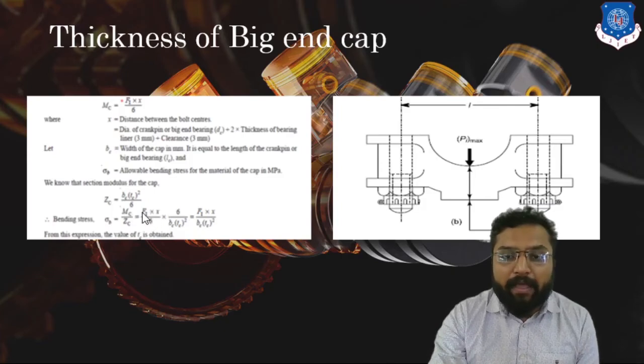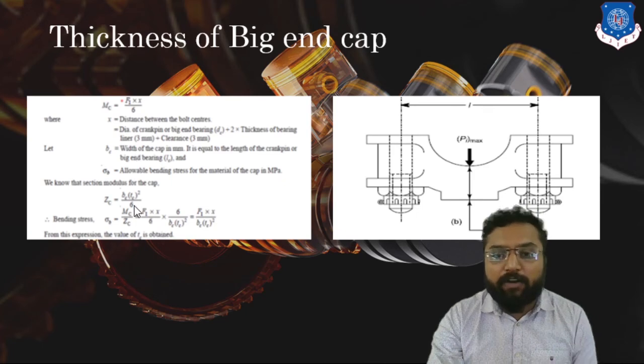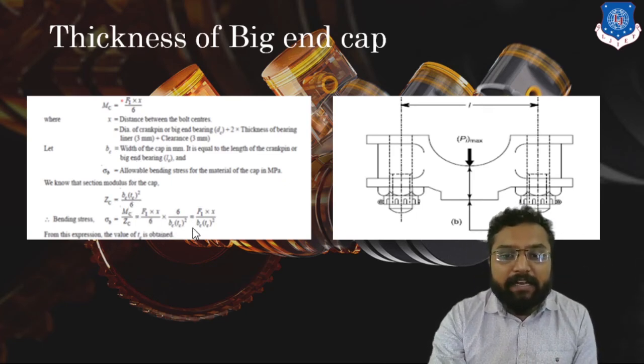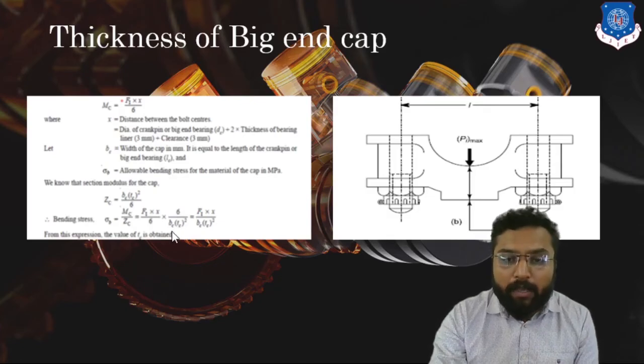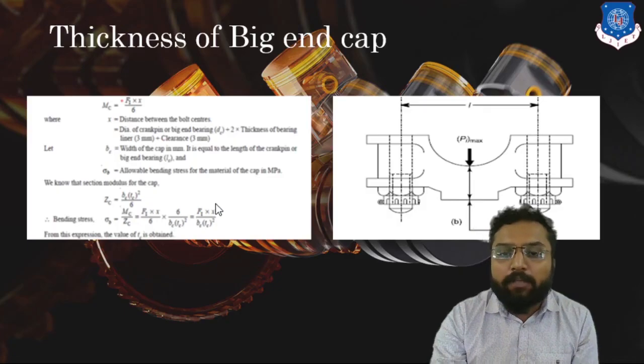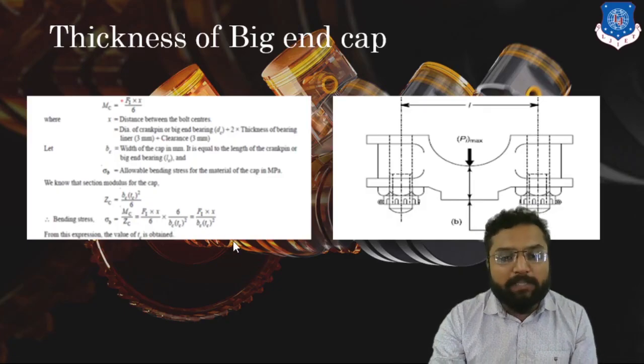Here the moment is F1 into X divided by 6, where F1 is generated by the reciprocating mass, and Z is b t square upon 6, where b is the base of this big end cap and t is the thickness of the big end cap. So ultimately you can find the thickness of this big end cap.